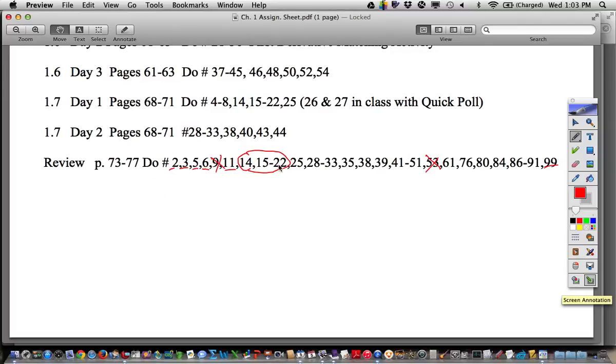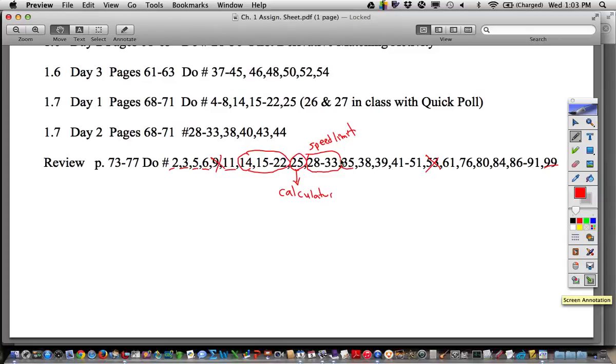Those are good ones for chart kind of things. 25 would be a calculator one, where you would just draw the graph on your calculator and then answer the questions about it. 28 through 33 are speed limit law problems, so those are good ones.